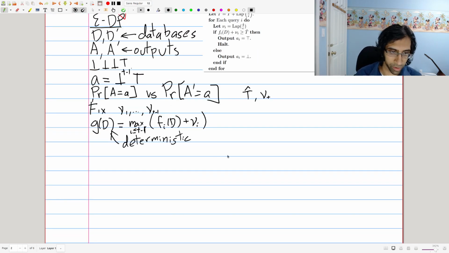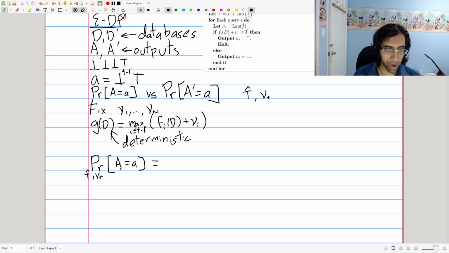We're just going to write things out and see what happens. We're going to say the probability that A is equal to a, and I'll write this probability over t hat and nu sub t, and I won't write the probability as being over these anymore because it'll be implied for the rest of it. So what is the probability that the algorithm outputs this?